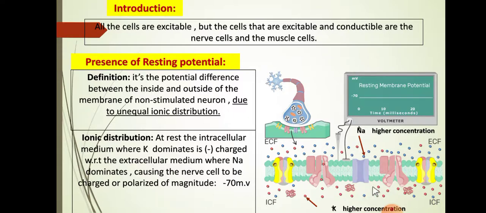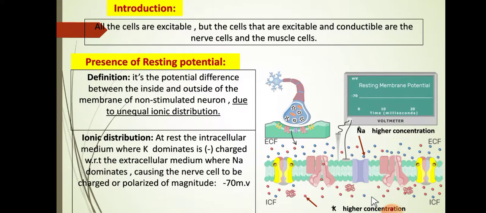This ionic distribution inside and outside the neuron makes the potential difference. It makes this potential difference, and it is equal to -70 millivolt. At rest, meaning when the neuron is not stimulated, there is no nervous impulse, no nervous message passing through it. The intracellular medium, meaning inside, where K+ dominates, has a negative charge with respect to the extracellular medium.